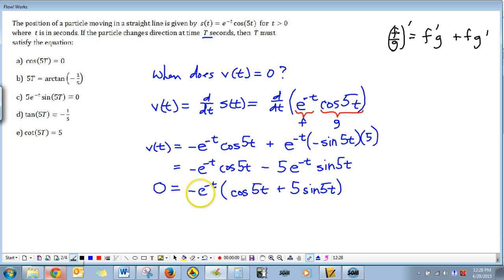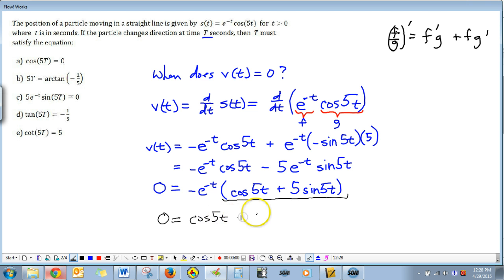Well, one thing we need to realize is that negative e to the negative t is never going to equal 0, because negative e is just negative 2.71 something or other to some power. That's never going to equal 0. So we can divide both sides by e to the negative t. This basically isn't going to give us any information. So the only time that this is going to equal 0 is when this factor equals 0. So we need to solve for this.